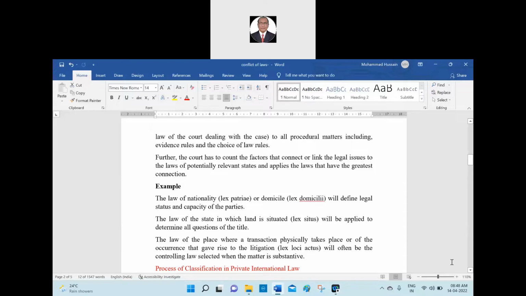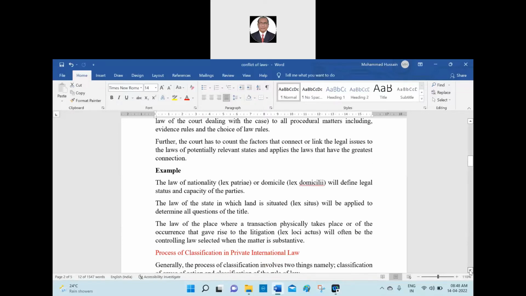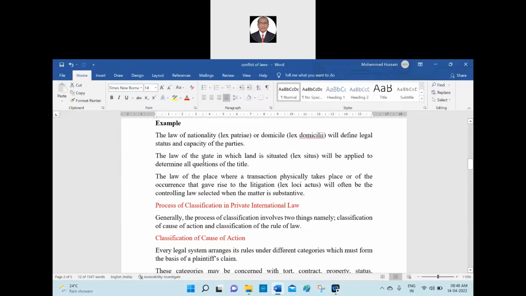So let us see one example of what it stated. The law of nationality, we can say lex patriae, or the domicile, lex domicilii, will define the legal status and the capacity of the parties. For that, when you utter lex domicilii, then a remarkable and classical case law should come into your mind.